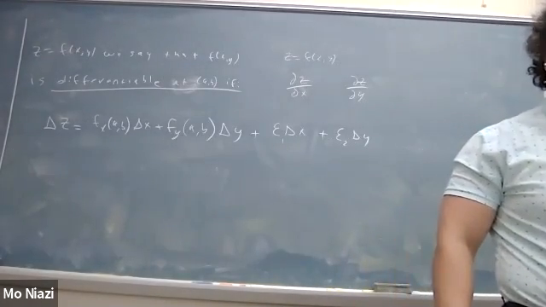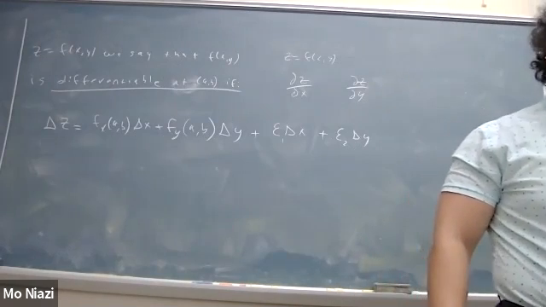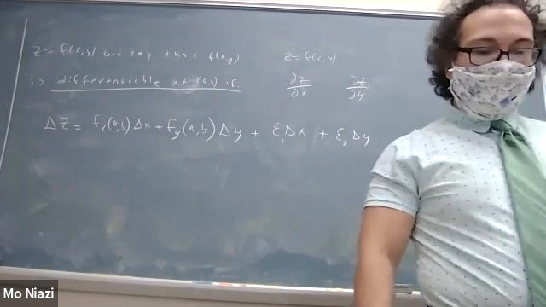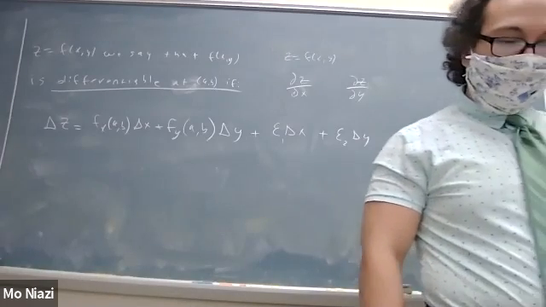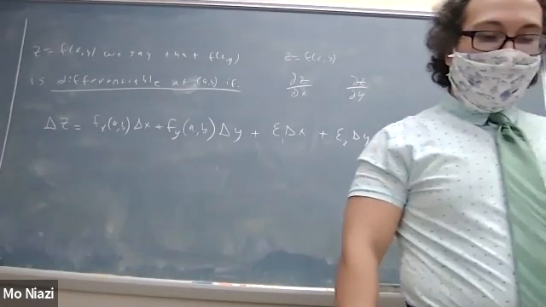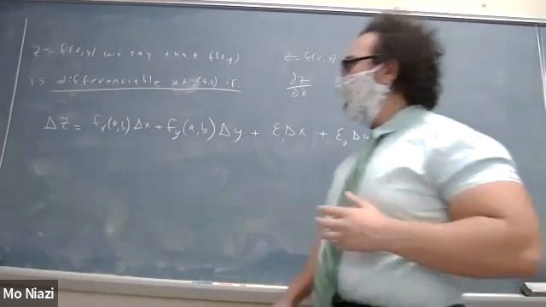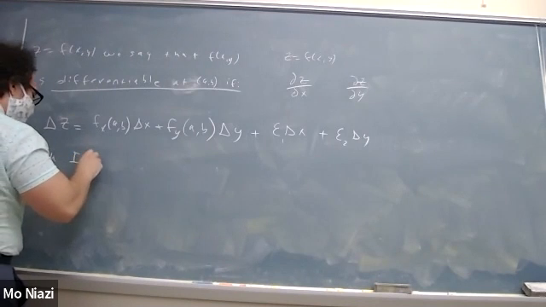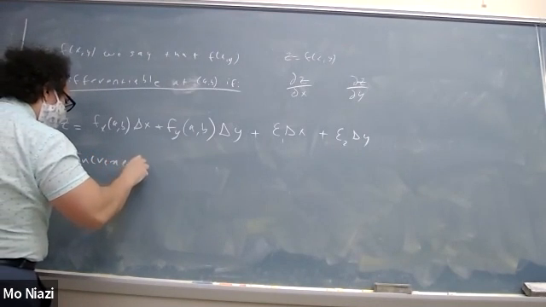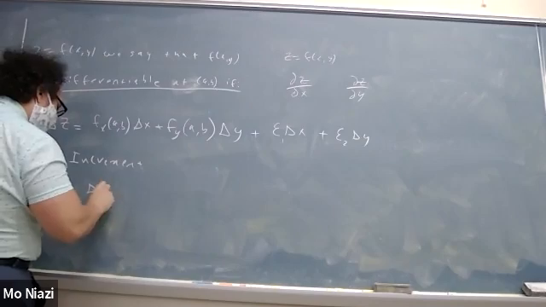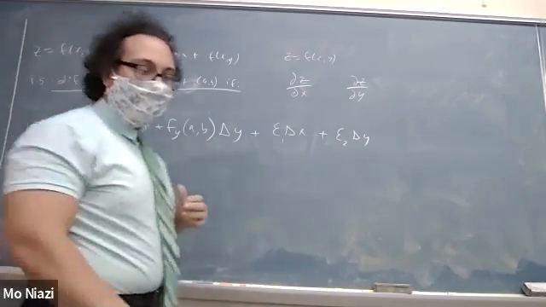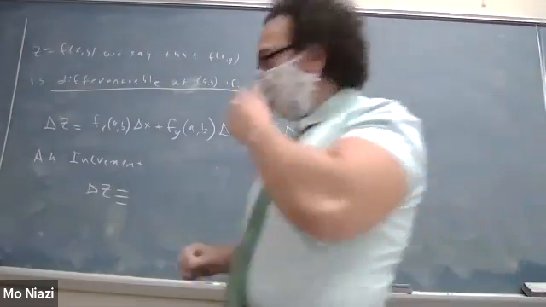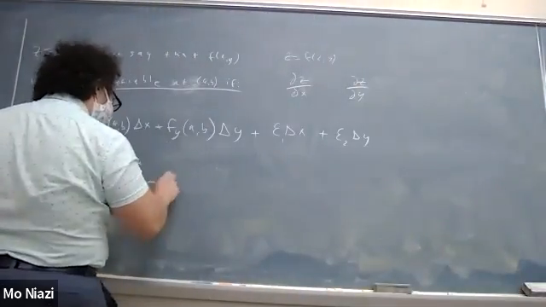So don't worry about that epsilon 1, epsilon 2 thing, all right? Those are just consequences of the derivation. Really, this delta z comes from the definition of an increment. Final minus initial, okay? Final.